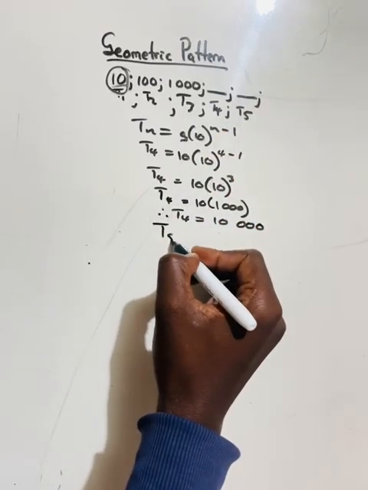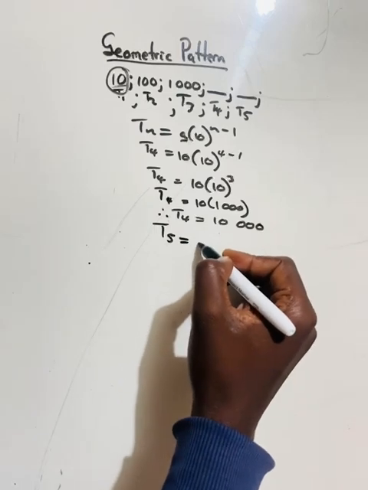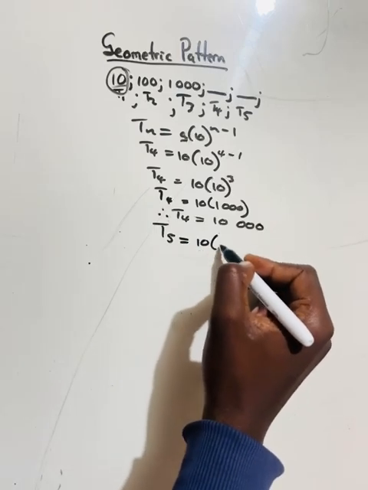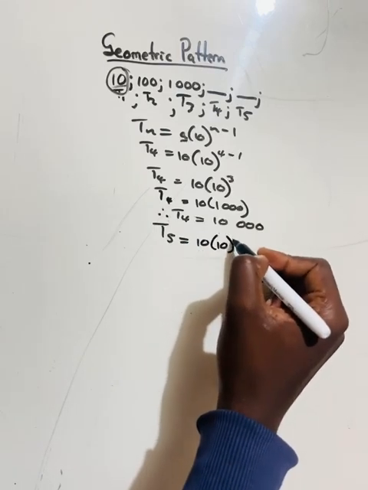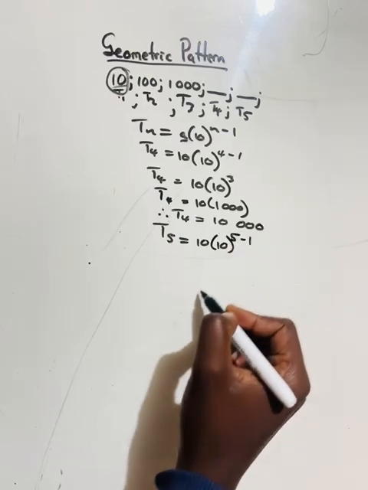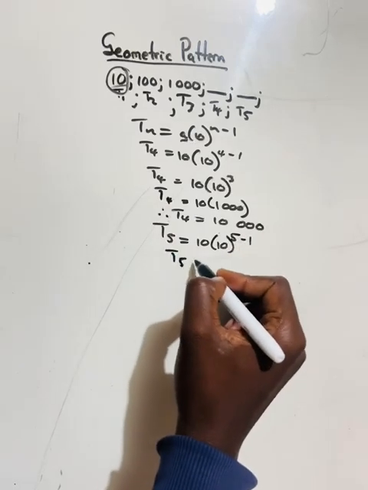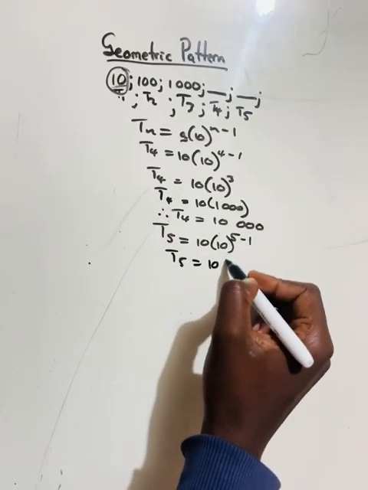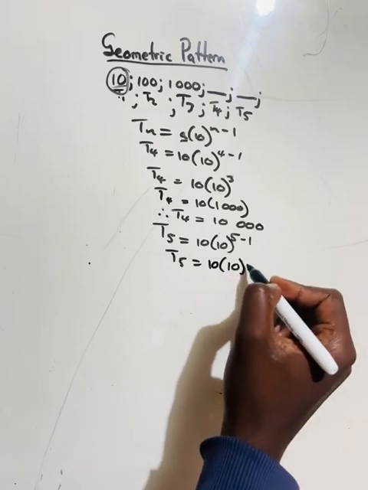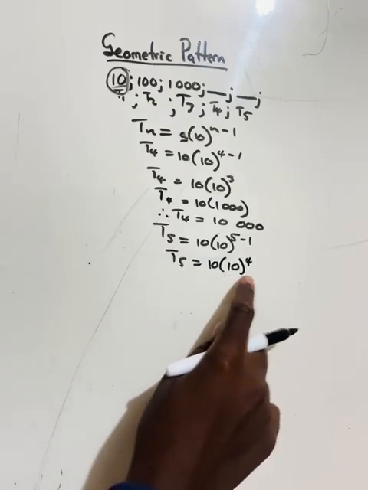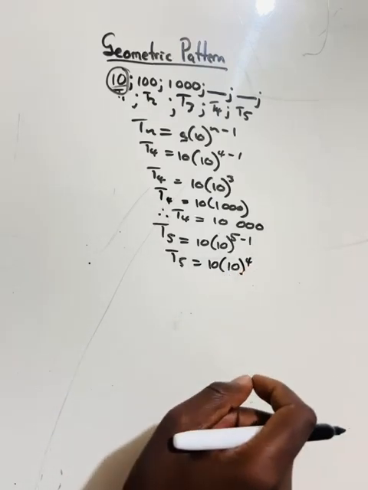We now say term number 5 is equal to 10 the first term, 10 the constant ratio, 5 minus 1. Term 5 is equal to 10, open bracket, 10 to the power what? 10 to the power 4. We now know that 10 to the power 4 gives us 10,000.